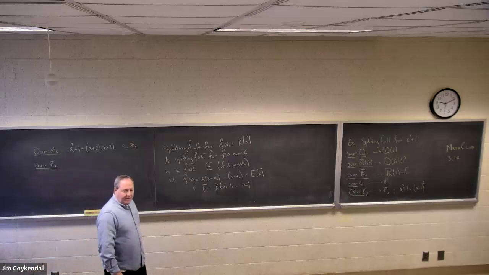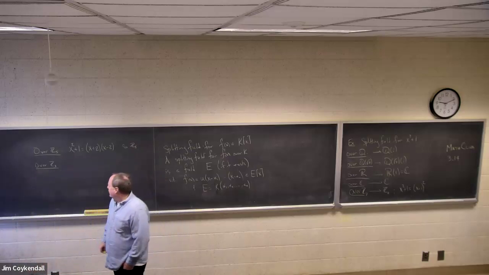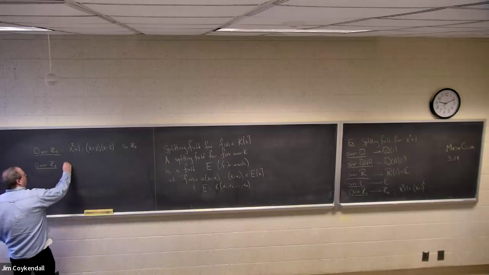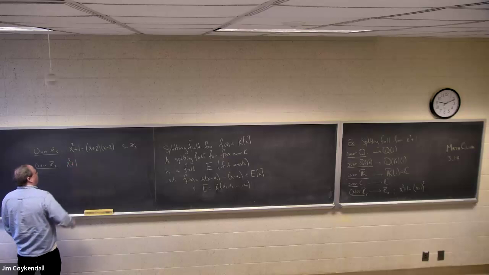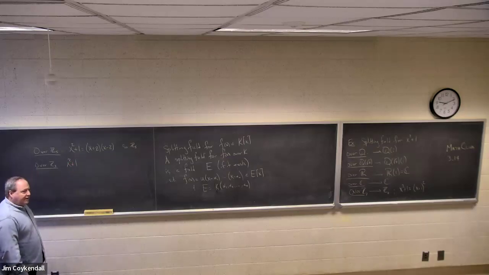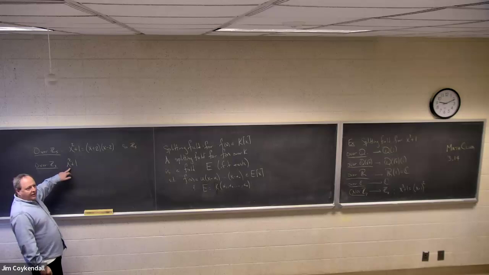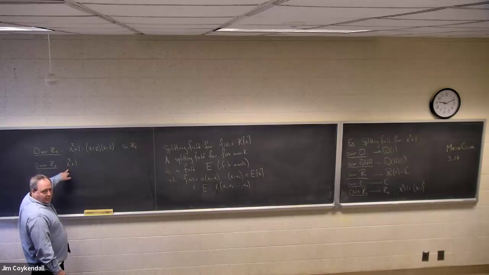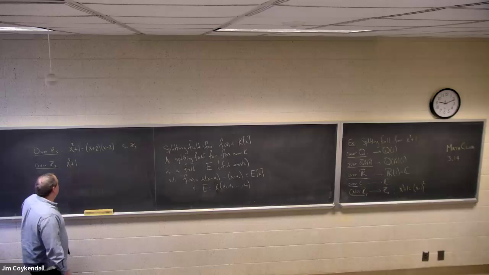What about over Z3? If you look at x squared plus 1, the good thing about quadratics and cubics is they're irreducible if and only if they don't have a root, right? Over Z3, plug in 0 and you get 1, plug in 1 and you get 2, plug in 2 and you get 2. So no roots here.